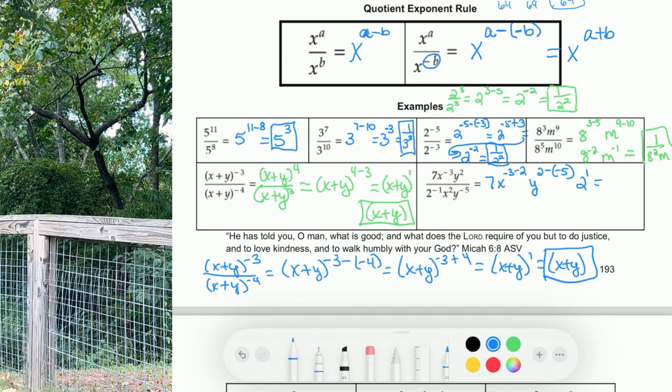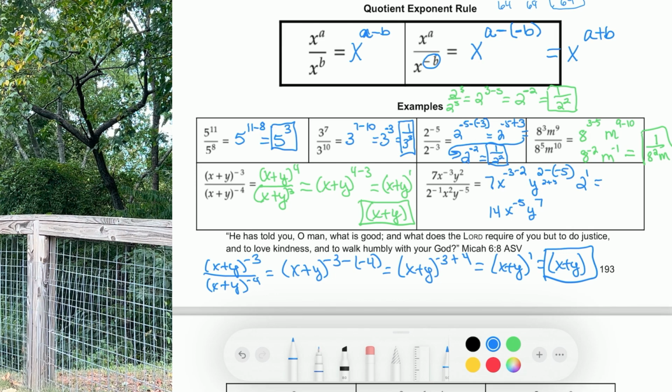Now let's simplify these out. 7 times 2 is 14. And then I have my x to the -3 minus 2, which is -5. I have y to the 2 minus -5, and that actually becomes 2 plus 5.